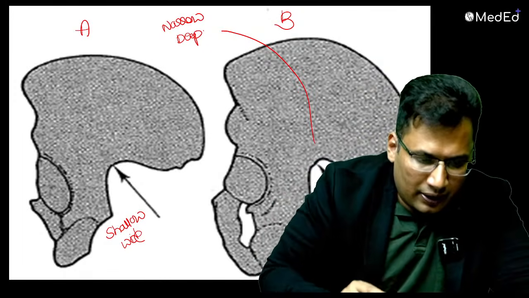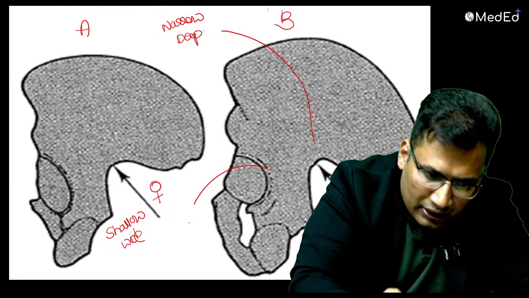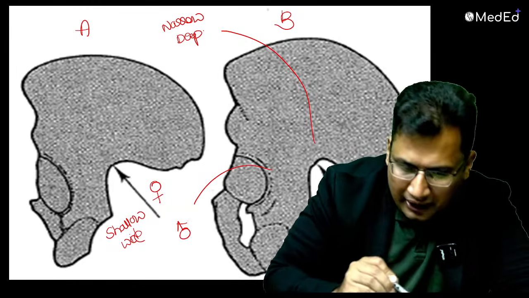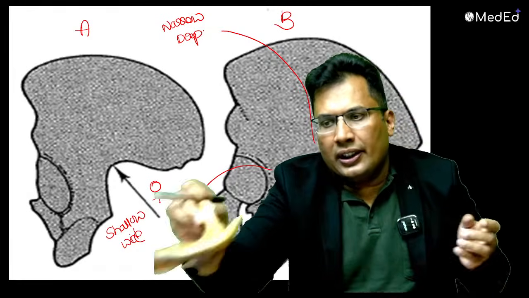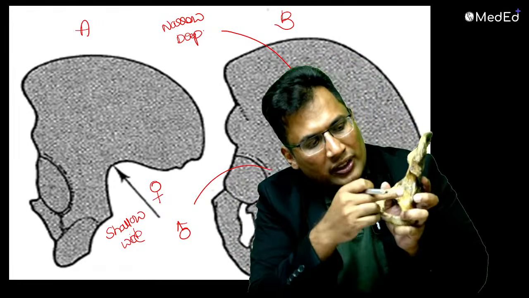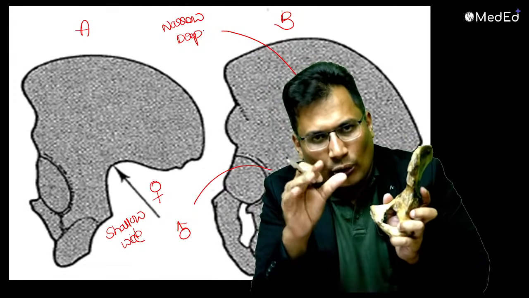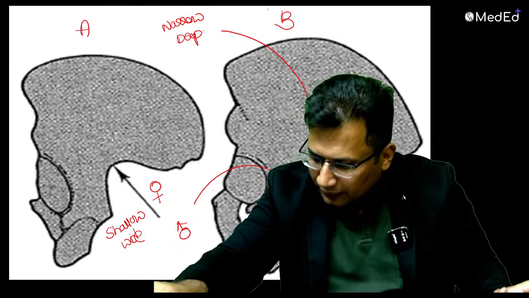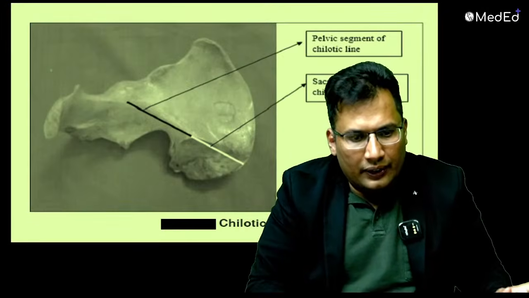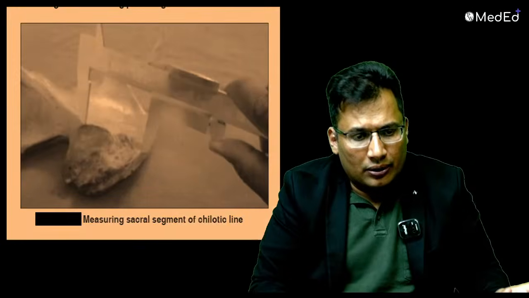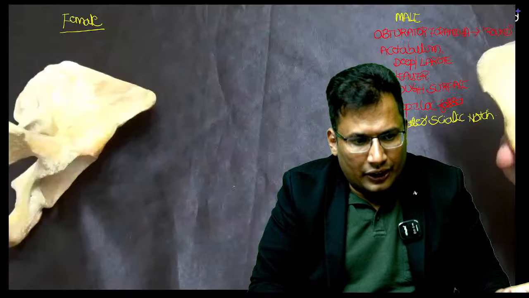So this is basically female and this is male. I said already. You can make out once again here. So this is male because it has a deep nature and it is narrow. It is not wide. Then this is also a very important point. Okay. Chalo.